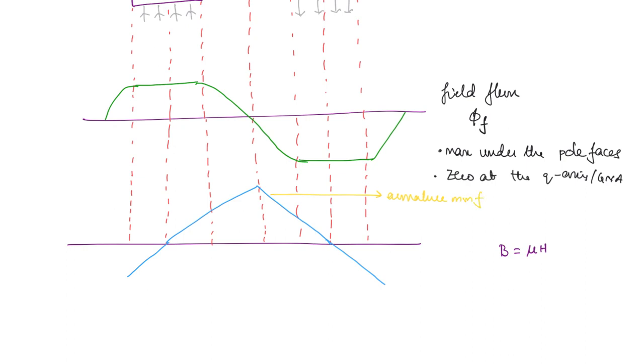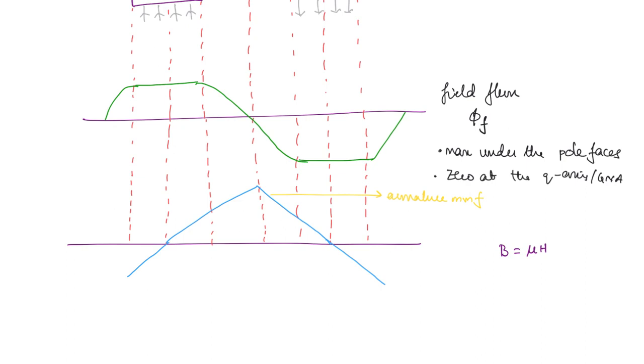But what happens to the flux density at the quadrature axis? This is the quadrature axis in between the north and south poles, right? What is happening there? There is more amount of air gap in the flux path. That means the reluctance is going to be higher, or the permeability is lower. So the flux density is going to be lower as we go towards the quadrature axis.